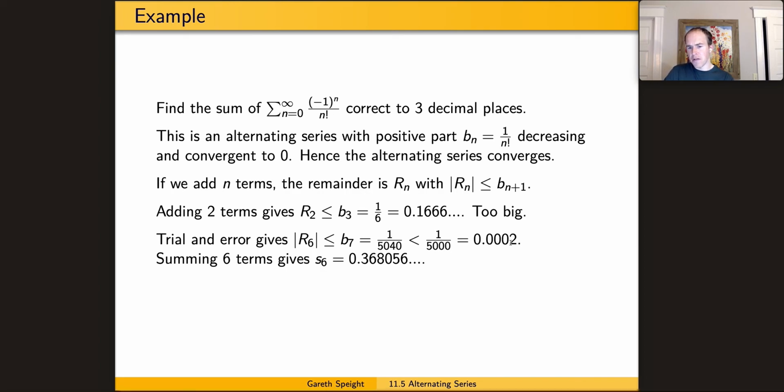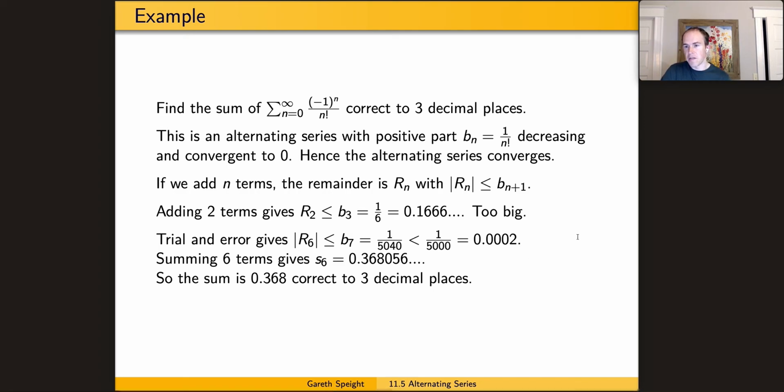If we add or subtract 0.0002, being within distance 0.0002 of 0.368056, the digits after could change, but we are still going to have 0.368 correct to 3 decimal places. So here the sum is 0.368 correct to 3 decimal places.